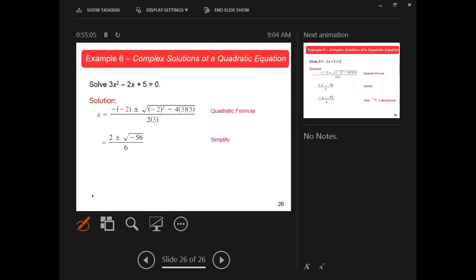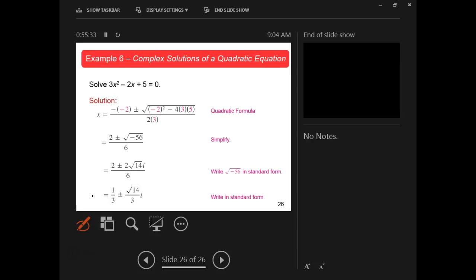So that would be 2 plus or minus 2i, because the square root of 4 is 2. So 2i times the square root of 14 over 6. Well then, all those are even, so divide, so this will be a 3, that'll be a 1, and that'll be a 1. So it'll be 1 plus or minus i root 14 over 3. And then they'll write that in standard form. Okay, that's exactly what we said.